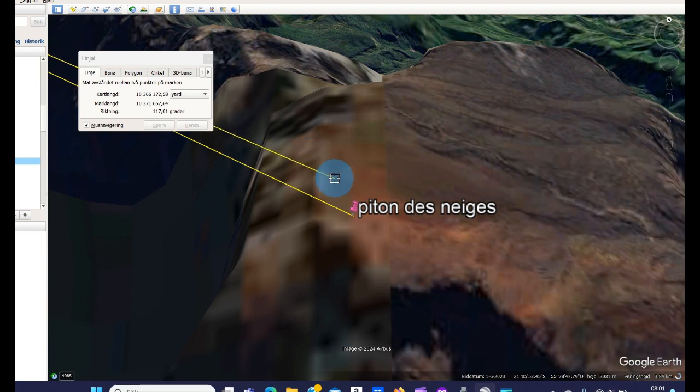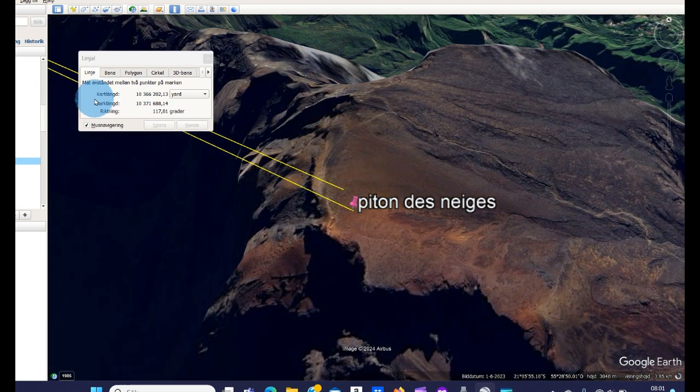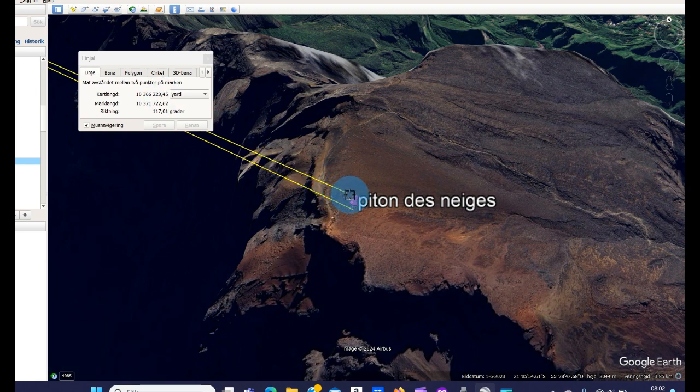And here we find the distance. If we look in the top row, the map length distance, 10366,200 in yards.